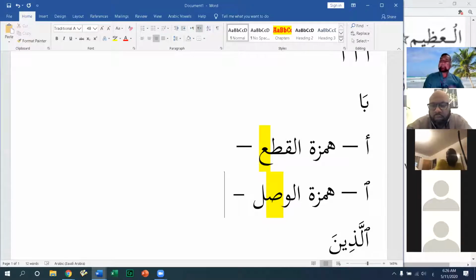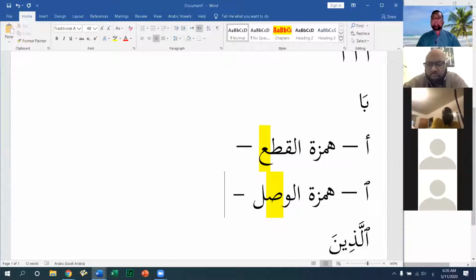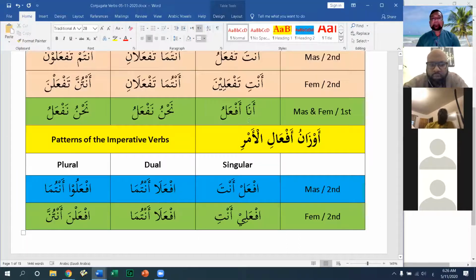The way it's used is we use hamzatul wasl when we have a word that starts with a sukun, and you cannot begin with a sukun in Arabic. So, for example, if you were to look at these verbs here, let's say if'al.